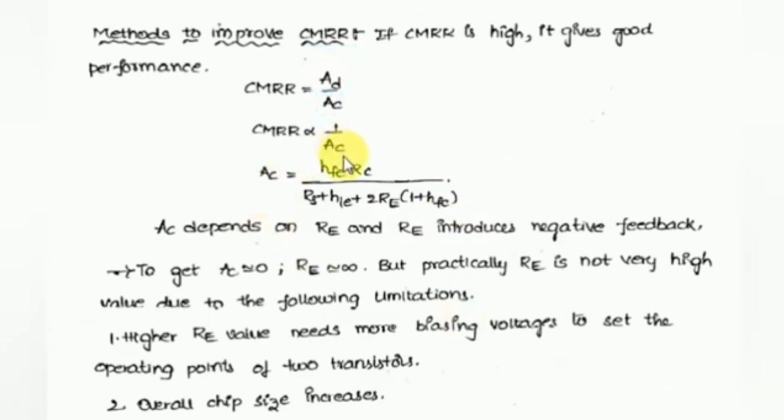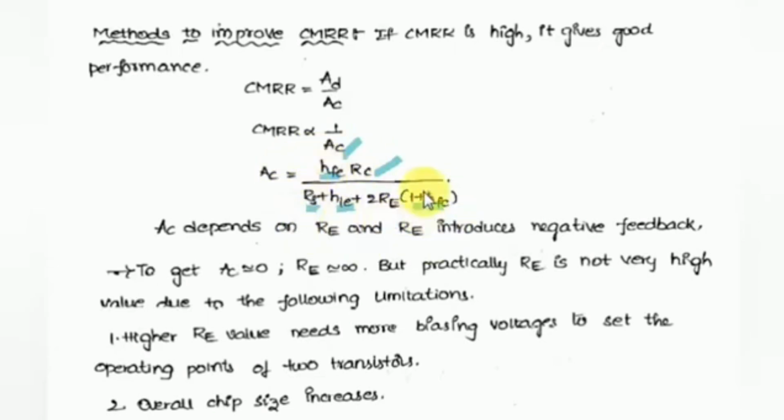Since we have to decrease this common mode gain value, first of all we have to know on which parameter the common mode gain depends. From this equation we came to know that RC is the output collector resistance, HFE is the gain of a transistor, RS is the source resistance and HIE is the input impedance of the circuit, and 1 plus HFE is again nothing but the gain.